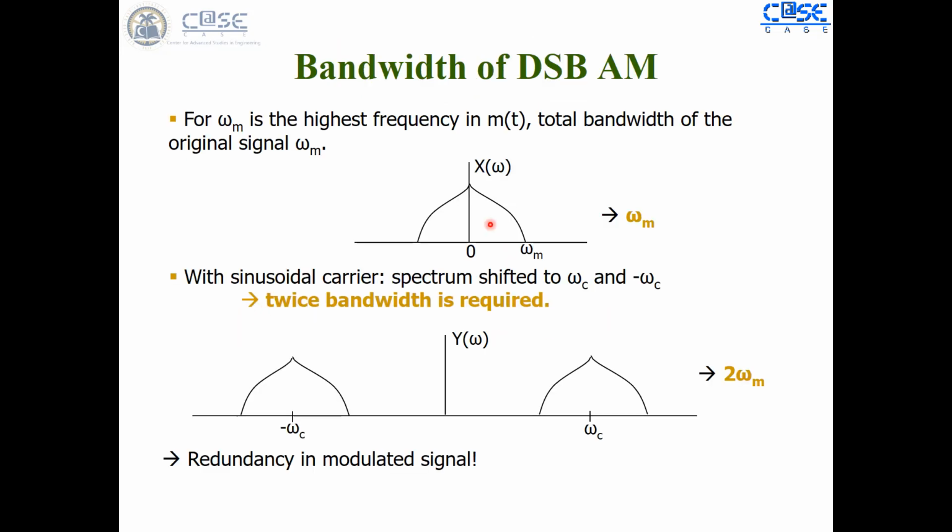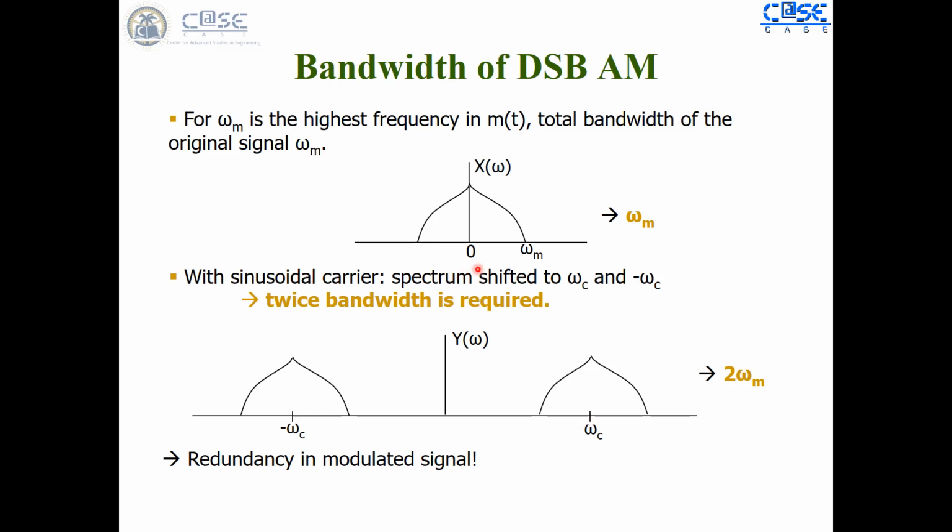Another important thing that we have seen last time was that when you modulate the signal, the original bandwidth of your message signal becomes twice, and we therefore call it a double sideband amplitude modulated signal. This portion greater than omega c is the upper sideband, and that portion behind omega c on the positive axis is the lower sideband.